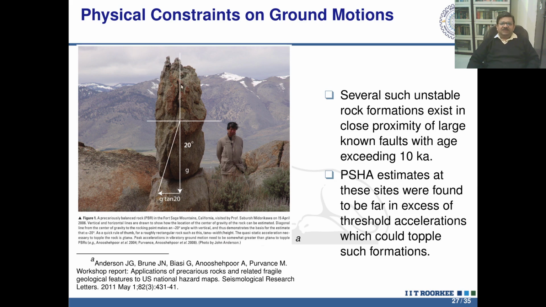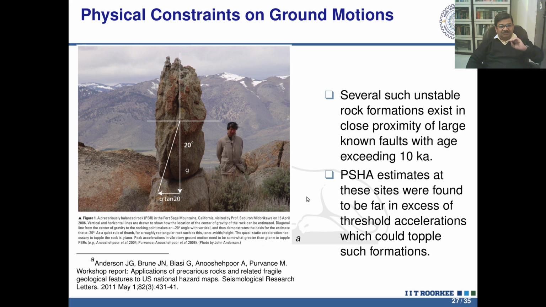But they did lots of investigation. They dated these rock masses wherever they sighted them, and their age was established to be exceeding 10 kilo annum, so 10,000 years. They were at least 10,000 years old formations.